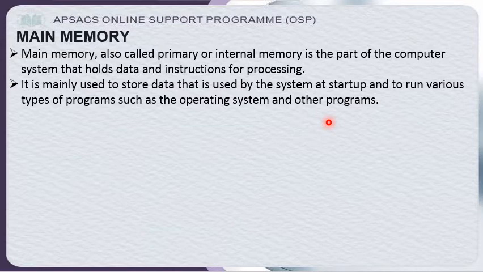The whole operating system is loaded inside your main memory, and some other programs are also loaded inside it. Whenever you want to run Microsoft Word, Microsoft Excel, Paint, or any other program, it will first of all be loaded inside the main memory.